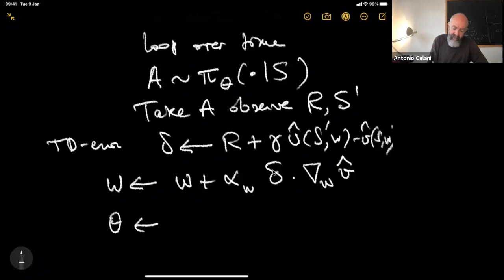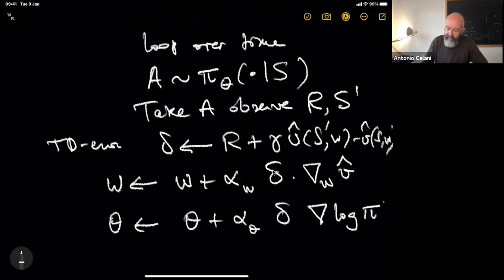Then you improve on your parameters by again using the same temporal difference error, but now you multiply this with grad log pi. So you see this structure which repeats itself. You have temporal difference error times eligibility. It's always like this.